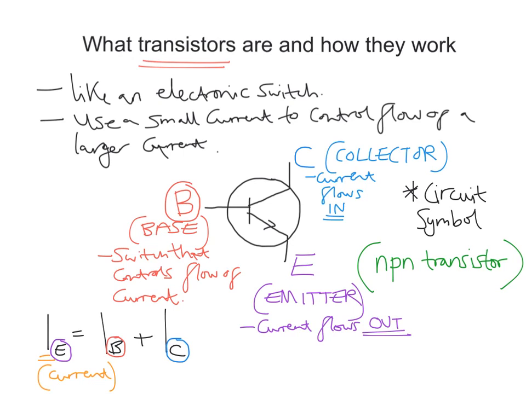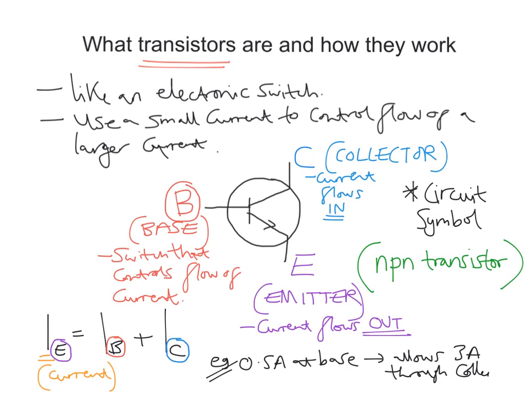So let's just give an example. So let's say we've got a current of 0.5 amps applied to the base. So in an example, we've got a 0.5 amp current at the base of the transistor, and it's allowing a current of, let's say, 3 amps to flow through the collector.